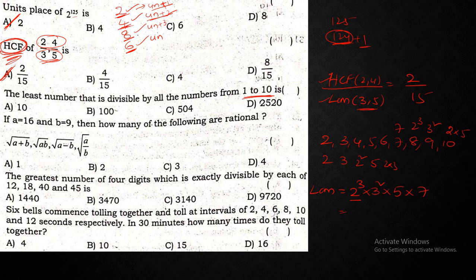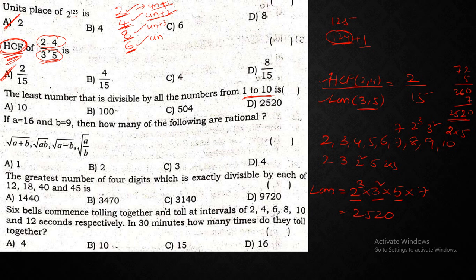So 2 cube is 8, 8 9s are 72, 72 5s are 360. Then 360 into 7 again. 7 zeros are 0, 7 6s are 42, 4 is carried, 7 3s are 21, 25. So 2520 is the LCM.